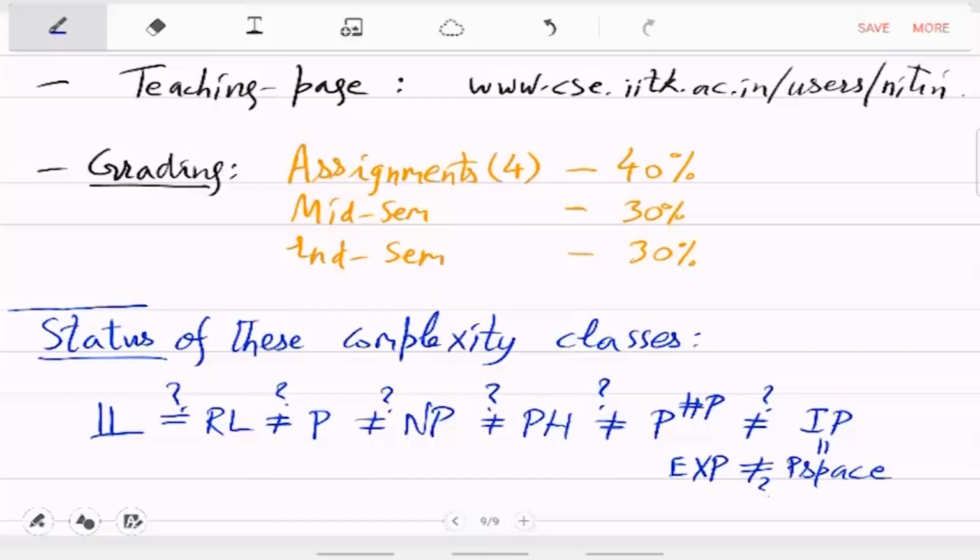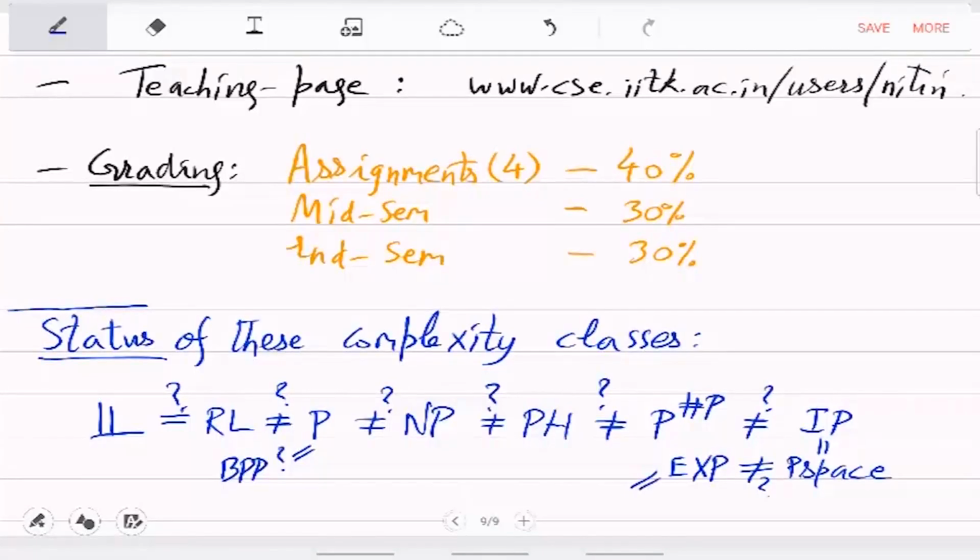We don't know whether P and BPP are equal. P is contained in BPP, but we don't know whether they are equal or unequal. We conjecture them to be equal. And finally, we actually know that P and exponential time are different. So we have kind of gone full circle.